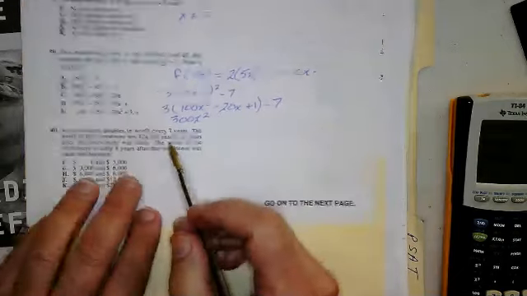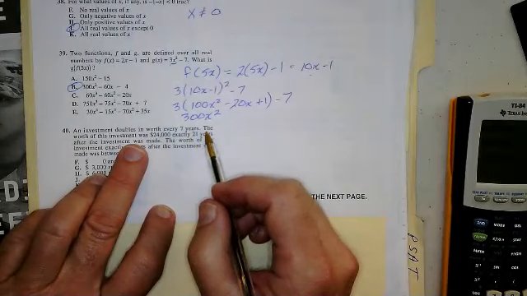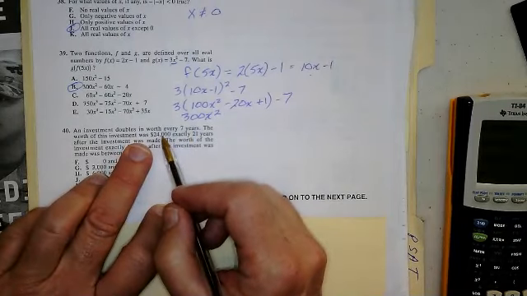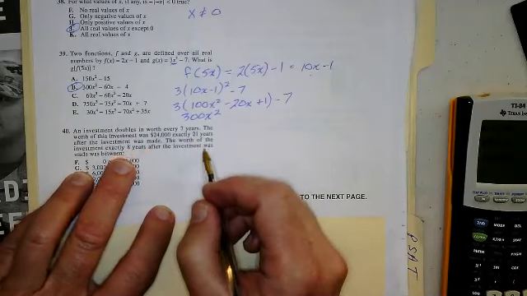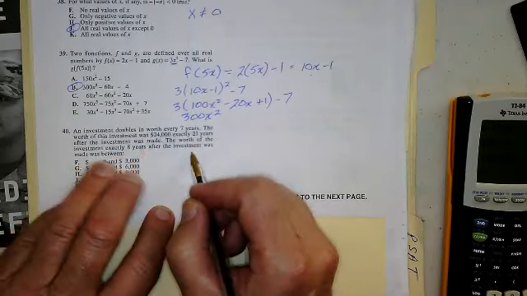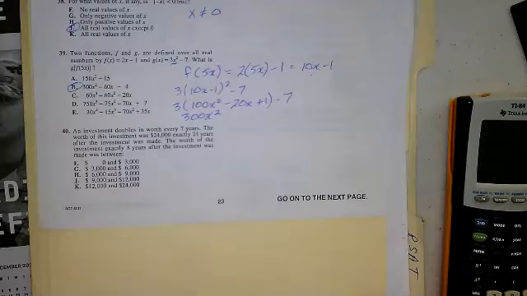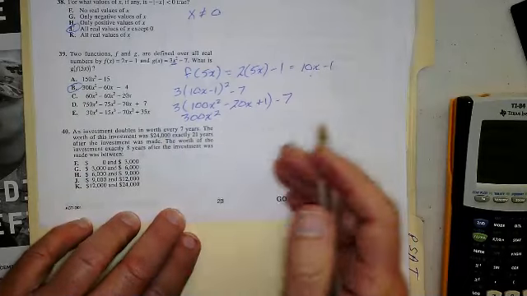Okay, an investment doubles in worth every 7 years. The worth of this investment was $24,000 exactly 21 years after the investment was made. The worth of the investment exactly 8 years after the investment was made was between... Okay, so we go backwards with this. We take half of 24, we get 12.